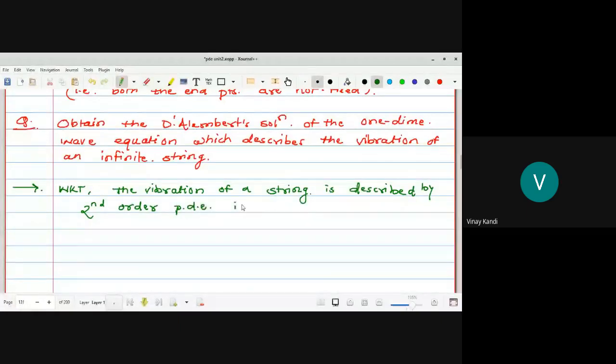In the previous lecture, we saw that the equation is given by y xx is equal to 1 upon c square into y tt, in which the two independent variables are x and t, and c is a constant. Here x runs from minus infinity to plus infinity. Why? Because both the ends are not fixed. Give it as equation number 1.